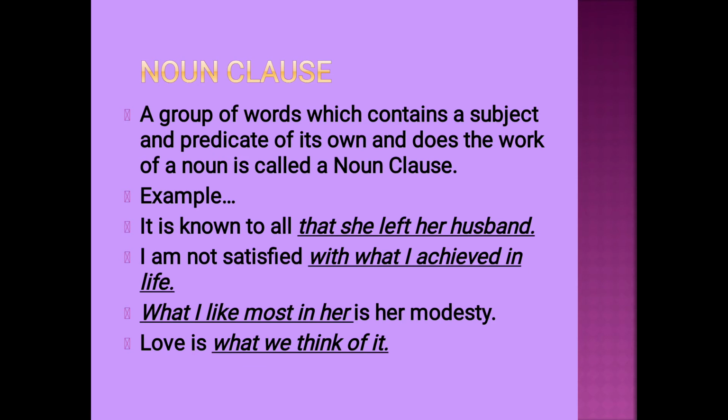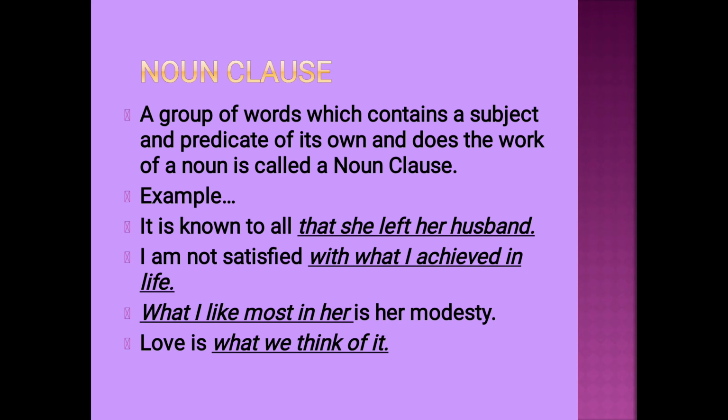So first of all, a noun clause. A noun clause is a group of words which contains a subject and predicate of its own and does the work of a noun. One thing you must always remember: whether it is a noun clause, an adjective clause or an adverb clause, it will always have a subject and predicate of its own.